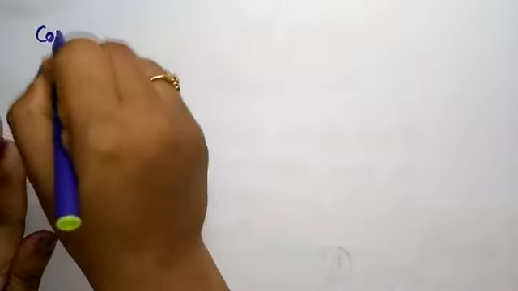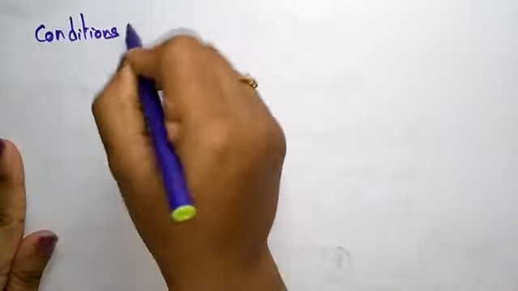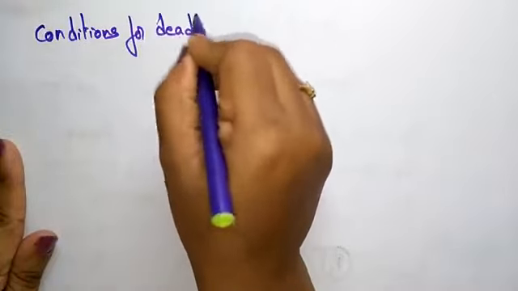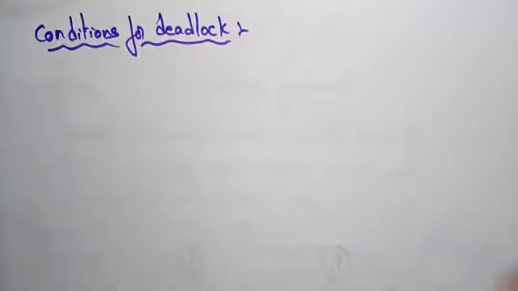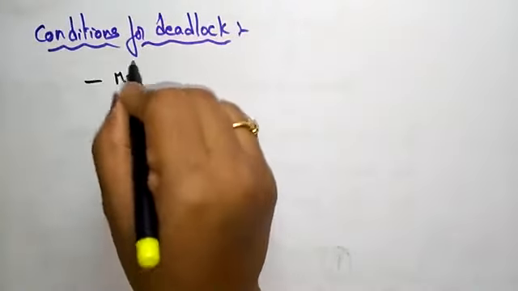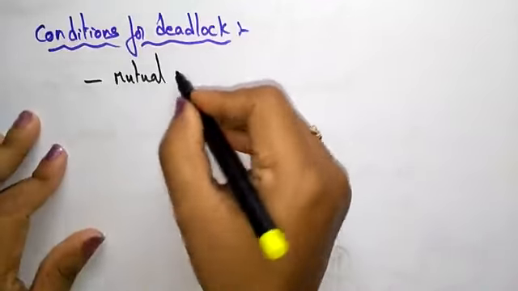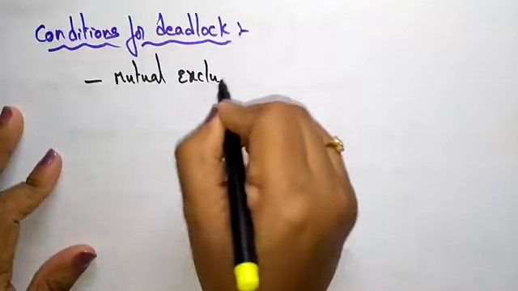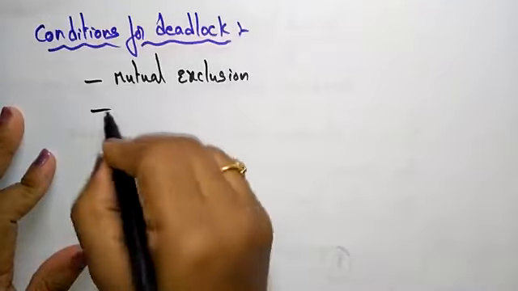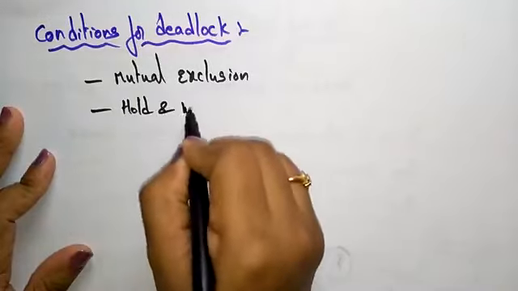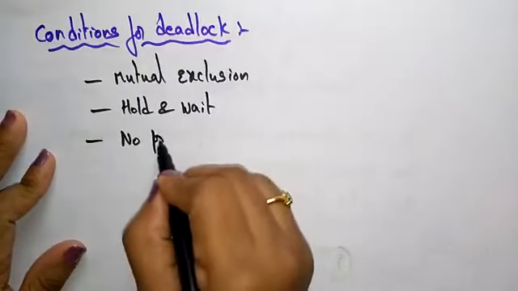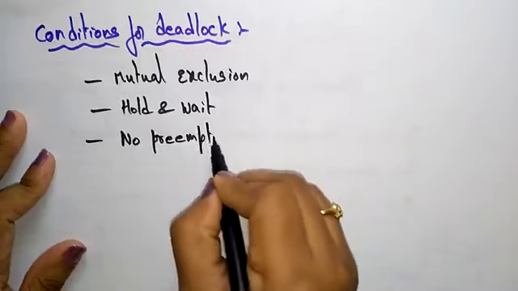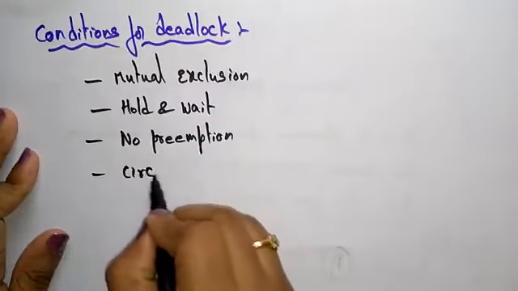Now let us see the conditions for deadlock. The deadlock may occur when the processes are in mutual exclusion, or when the process is in hold and wait state, or there is no preemption, or it is a circular wait.